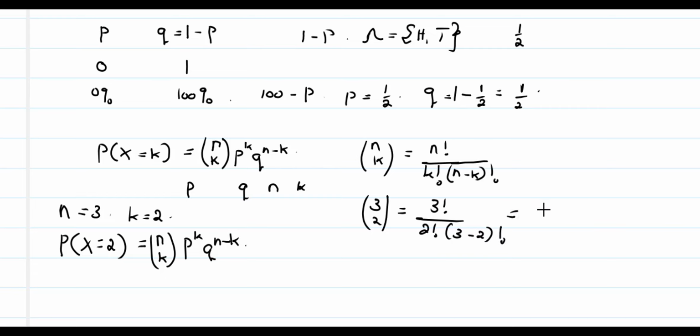Now it becomes 3 factorial divided by 2 factorial times 3 minus 2, which is 1, so 1 factorial. I'm just expanding this factorial, but because I have a 2 factorial here, I don't need to go further. I put 2 factorial there, and I also put 2 factorial here. 1 factorial is just 1, and 1 multiplied by any number is just 1, so we can stop there. Then I cancel that 2 factorial with that, and I remain with 3. So this part here will be 3.